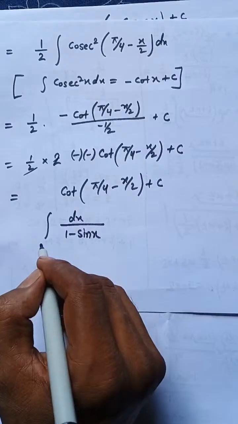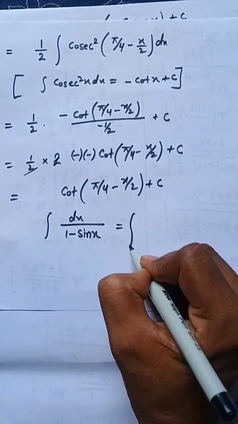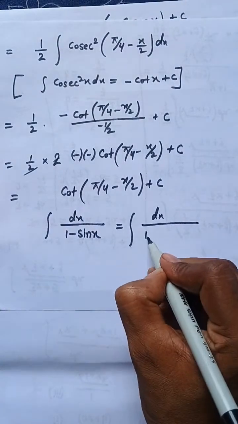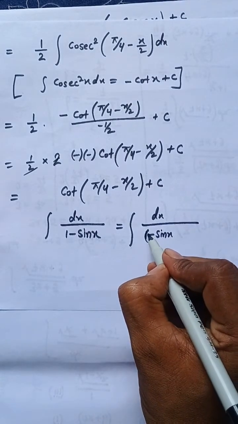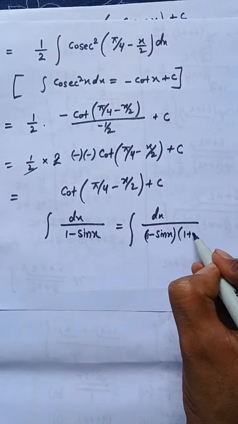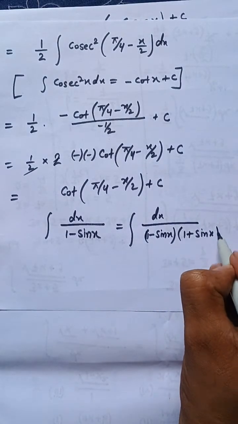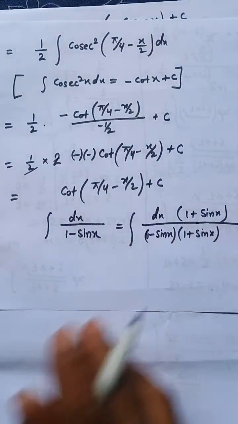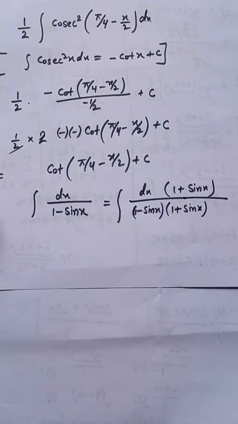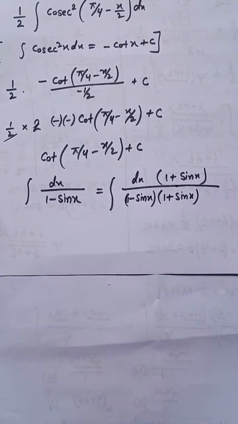So I can apply the rationalization technique here in this way, that is dx upon 1 minus sine x, multiplying by 1 plus sine x over 1 plus sine x. So this is another way to solve the above problem.